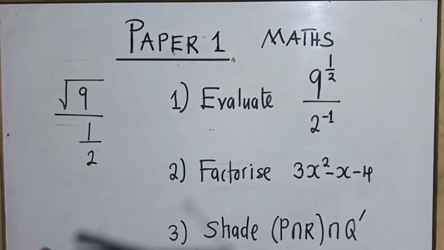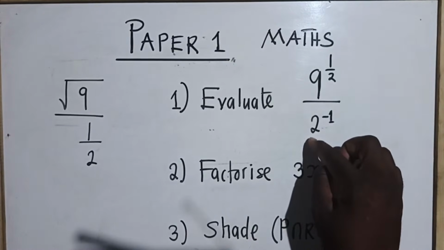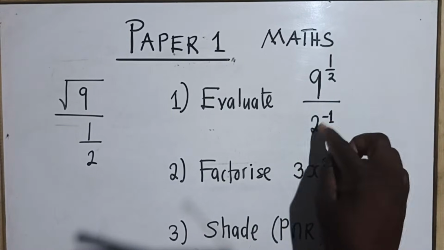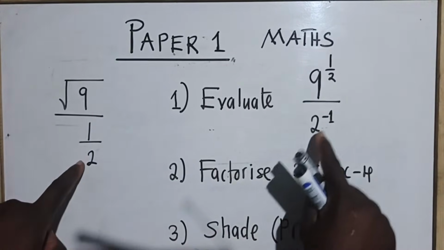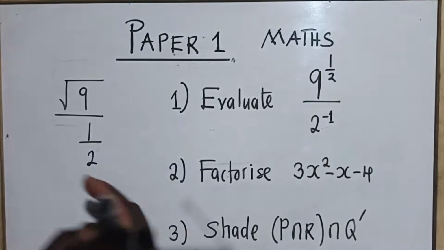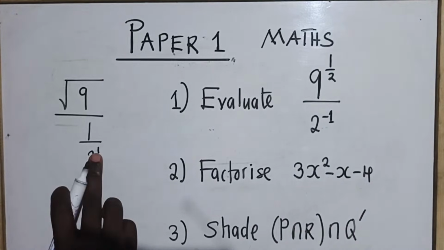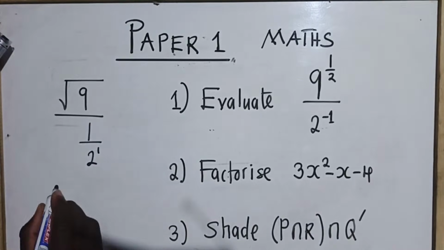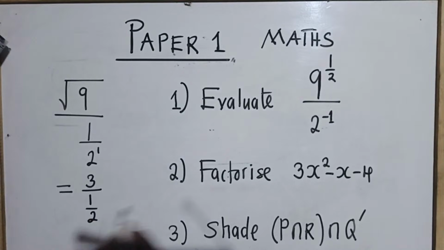So, guys, when you see power negative 1, a power negative number, this is negative 1. It simply means write a 1 over the base that you're able to see, and this will be power 1 like this. So it will be a positive power. Now here we find the square root of 9. It's a 3 over 1 over 2. I'm talking about question 1, okay?